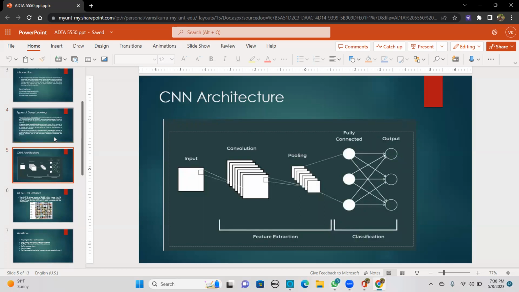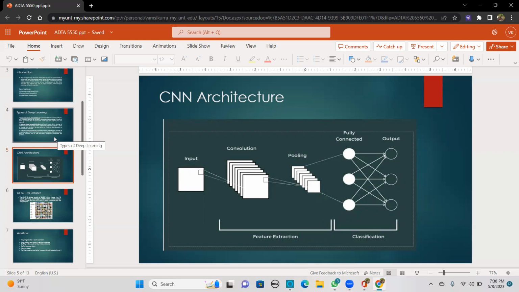A convolutional neural network is a type of deep neural network that is primarily used for image classification and object recognition tasks. They are composed of layers of neurons that are arranged in a specific way to detect patterns in the input data.